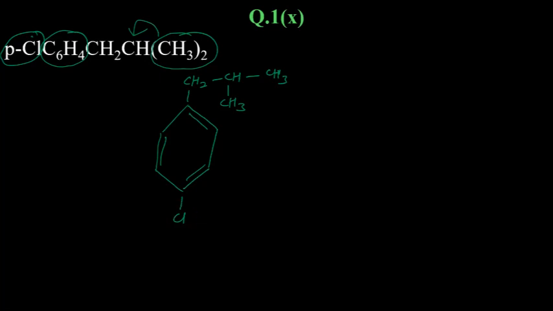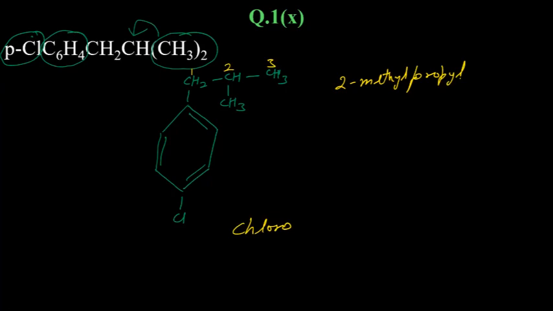Why? Because if you consider this one as branch, it is chloro. If you consider this one as branch, then it is 1, 2, 3. Remember, the carbon which is attached to main chain is always numbered as 1. Okay. So you have 2 methyl propyl.